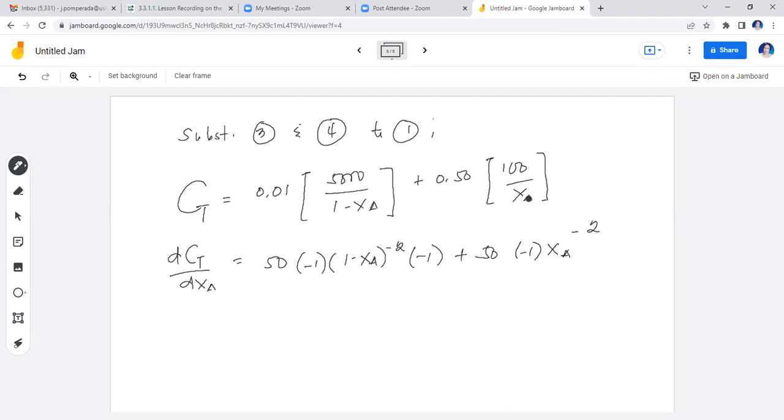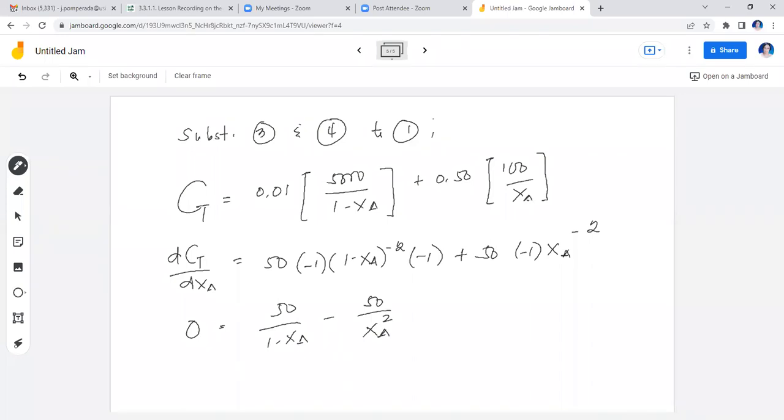Now, maxima, minima tells us that at maximum or minimum condition, the derivative will be set to 0. So setting this to 0, you will have, in this case, 50 over 1 minus xa, and this one minus 50 over x sub a squared.